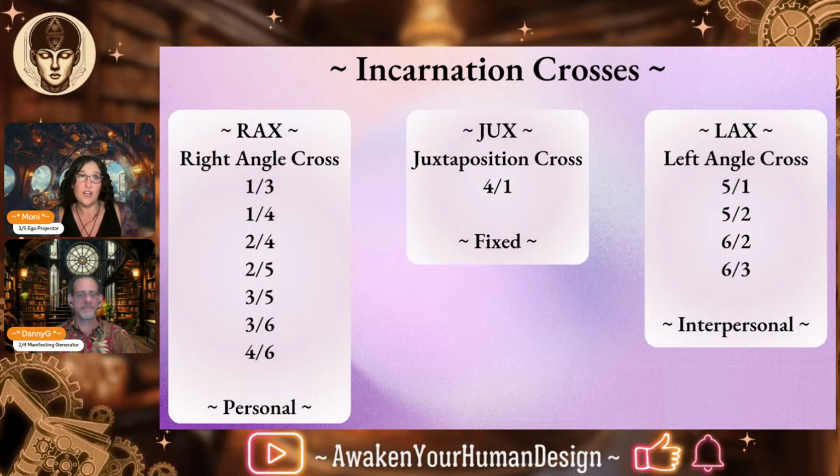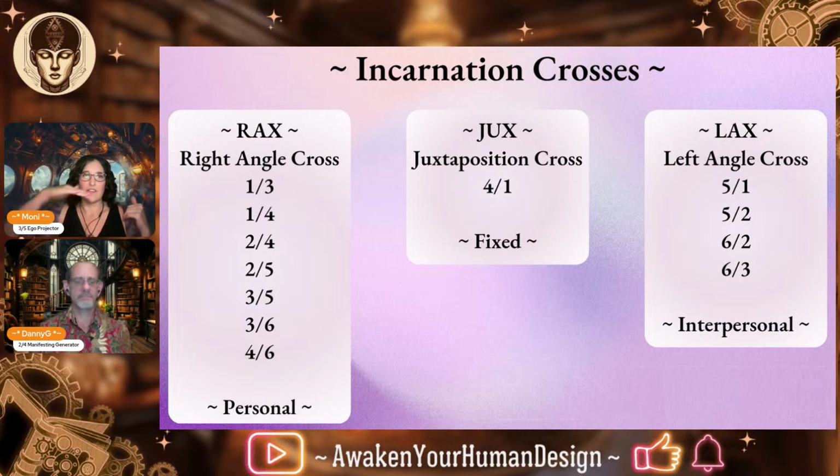So the incarnation crosses, the other thing you'll often see is the RAX, JUX, LAX. And you're like, what does this mean? So RAX means right angle cross. And so the profile lines, as you're reading them from the personality to the design, the right and the left, the first one, as it goes through this journey, because there's 12 of them, is the 1-3.